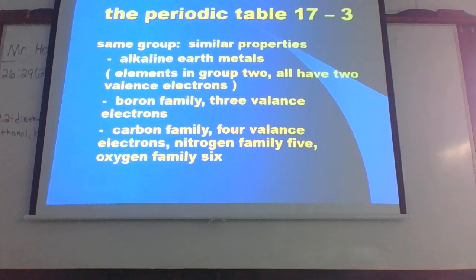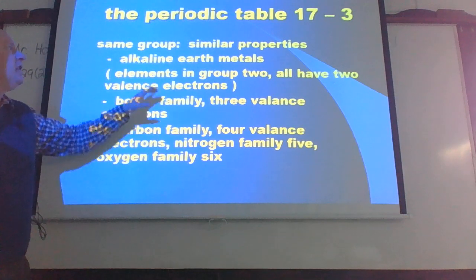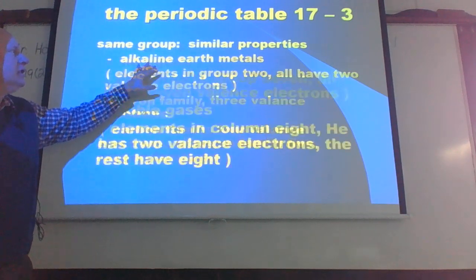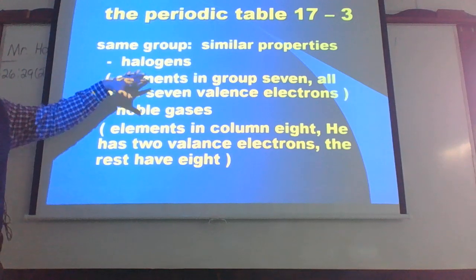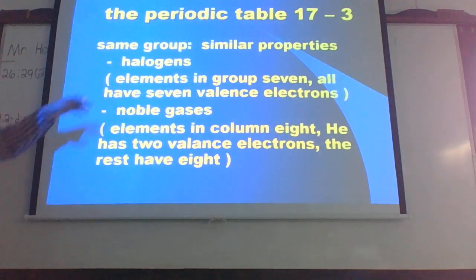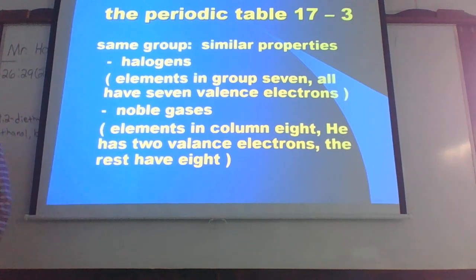Boron, carbon, nitrogen, and oxygen. And by that time you get to column 7 and then 8. Okay? Then we'll wrap it up with talking about the halogens here. Again, elements in group 7 all have 7 valence electrons. And then finally, your noble gases, very stable, that really don't want to react with anybody.